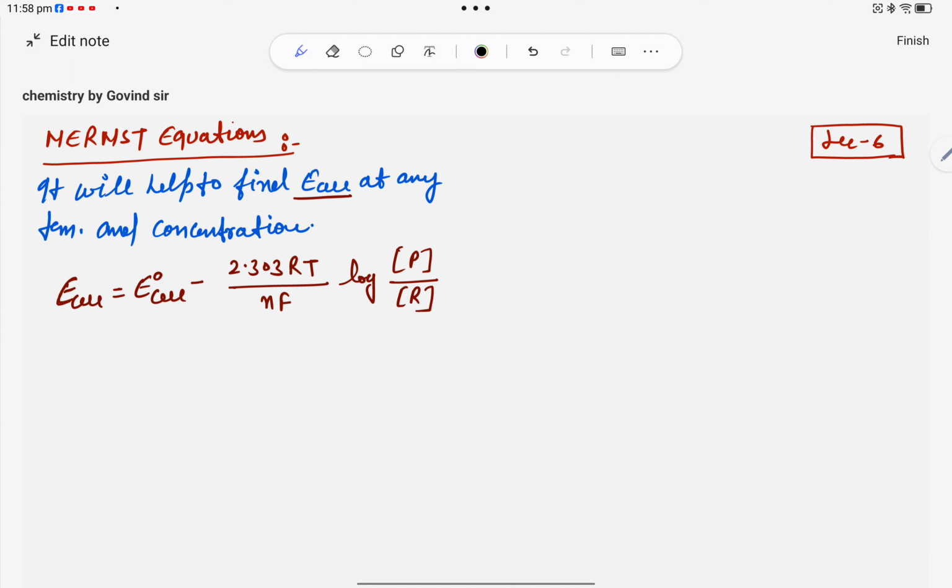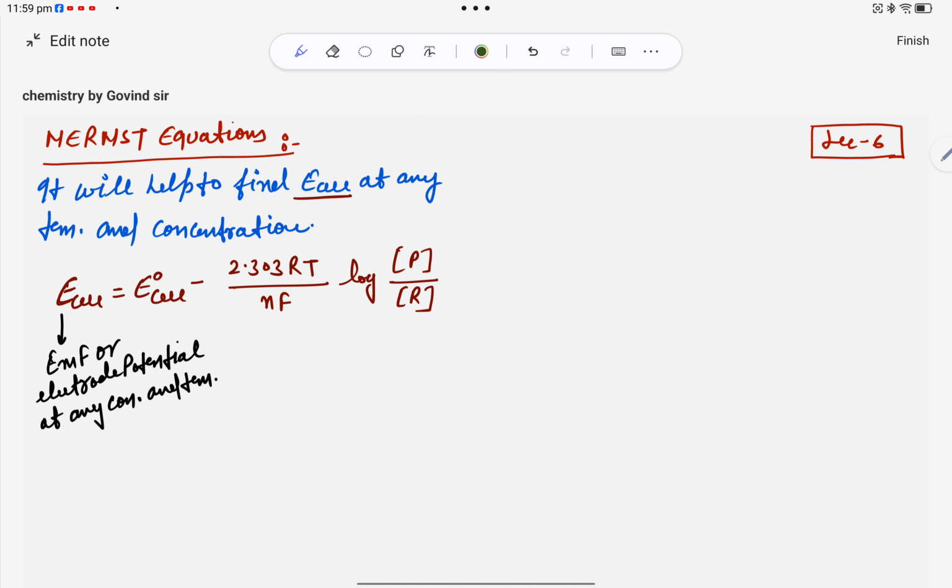Here E is what? EMF, or you can say electrode potential at any concentration and temperature.